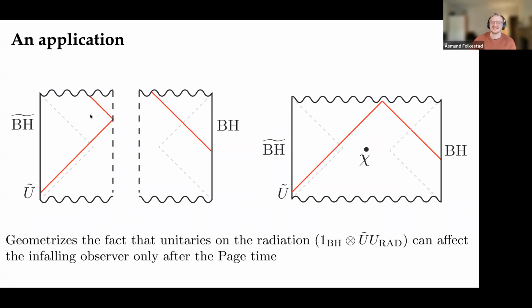This setup nicely geometrizes the fact that unitaries on the radiation can affect the infalling observer only after the Page time. If you act with this unitary that I've written down here on the radiation, then you can send some signal in that modifies the future experience of an infalling observer from the BH subsystem.